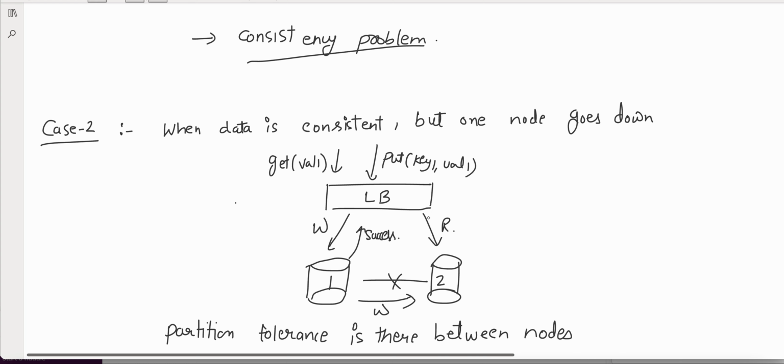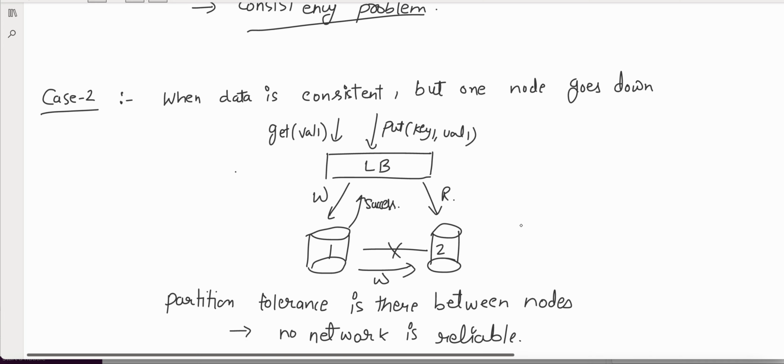So that's a simple solution: whenever a write is coming to a node, you write that data to all the nodes, so that subsequent get queries, if they fall on any of the other nodes, will get the data. As simple as that.